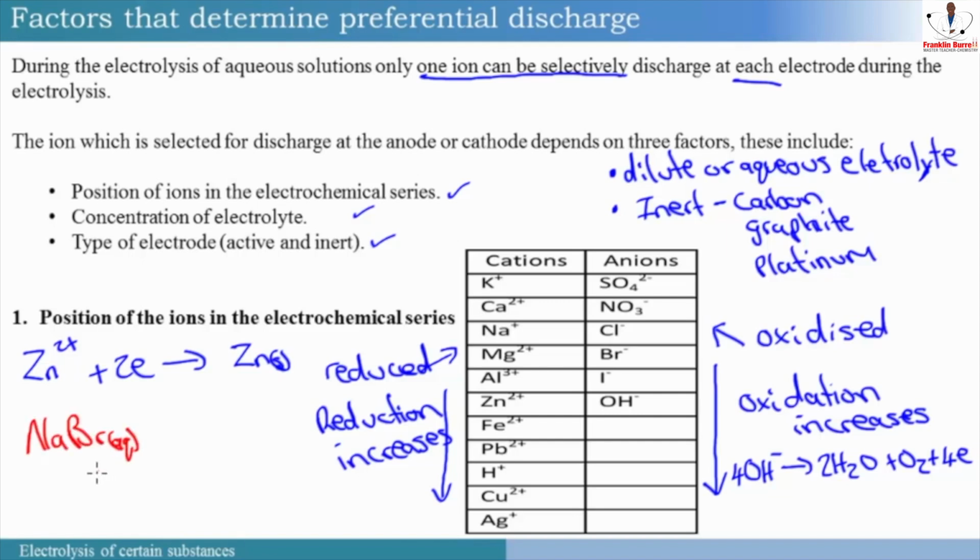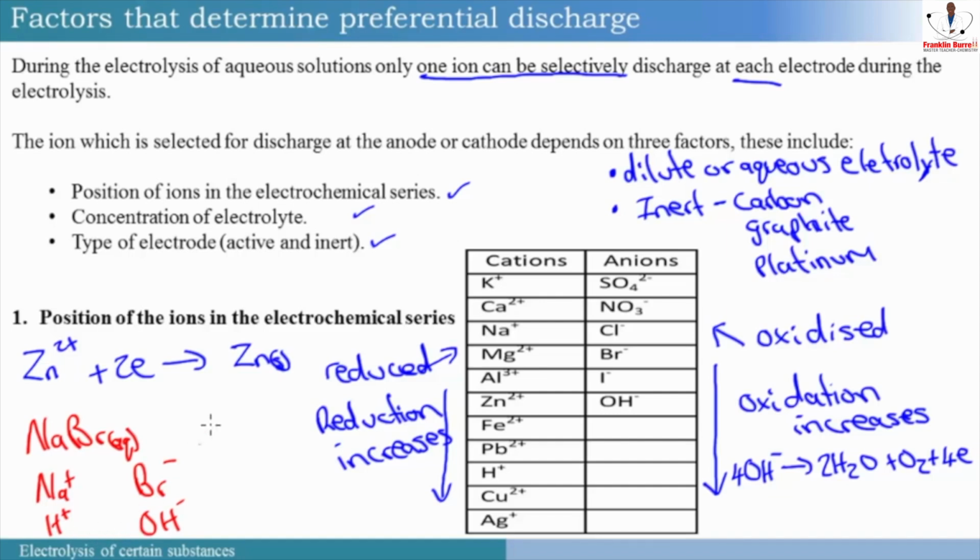What are the ions present? Well, we have Na+ from sodium bromide, and we have Br- from sodium bromide. Then we have H+ from water, and we have OH- from water. Now, these ions from water are plenty.